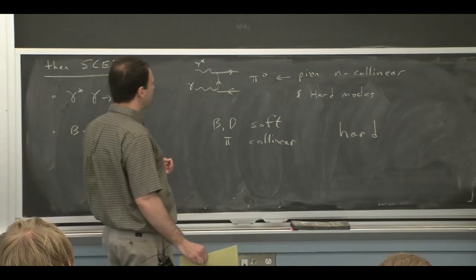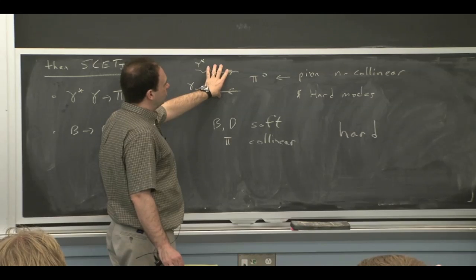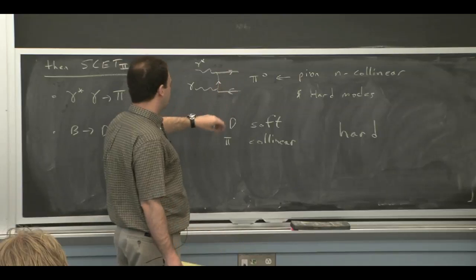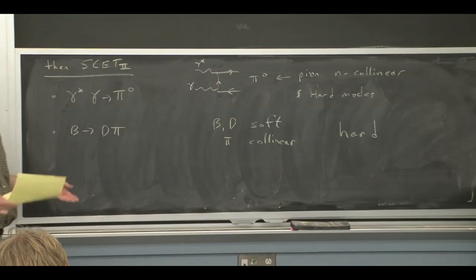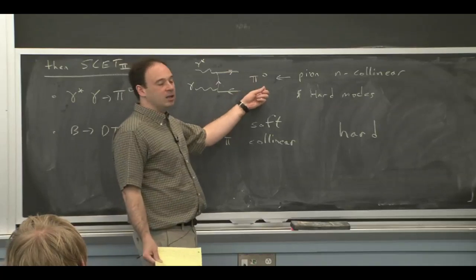So in the effective theory, the difference is that in this case you will not be taking the amplitude squared. You won't be looking at forward scattering. The forward scattering was what made it inclusive, since we were summing over all the final states. Here there's only one final state.